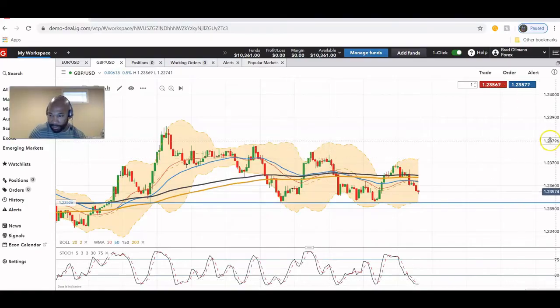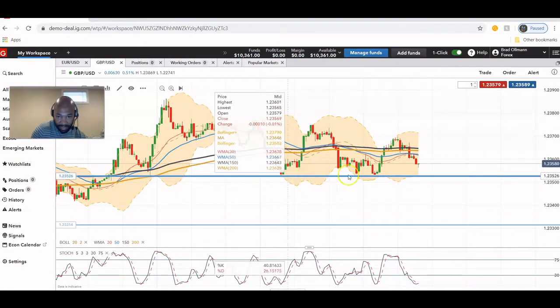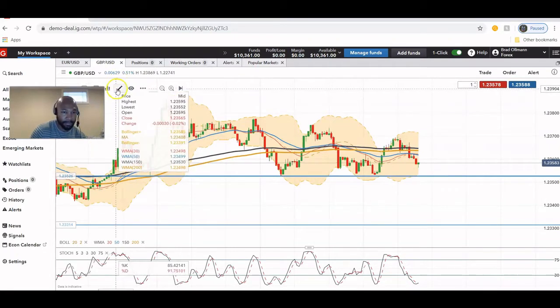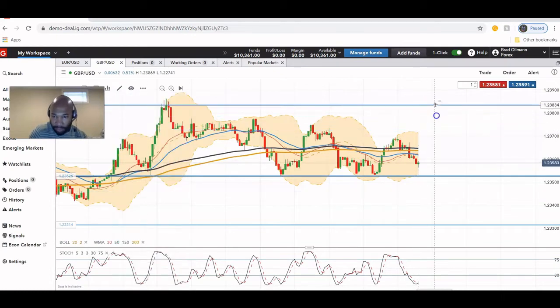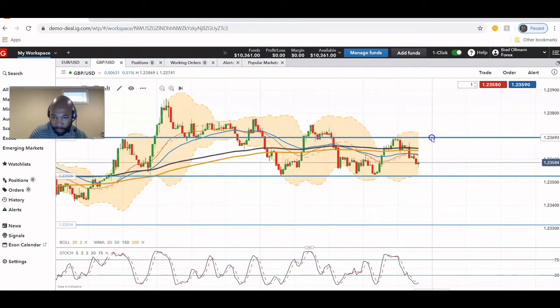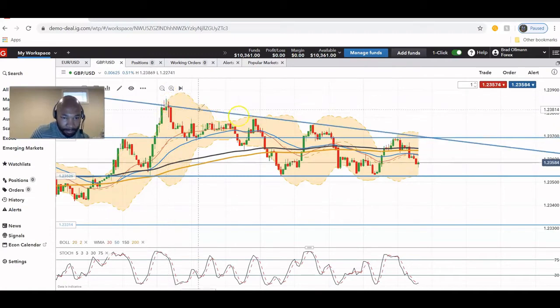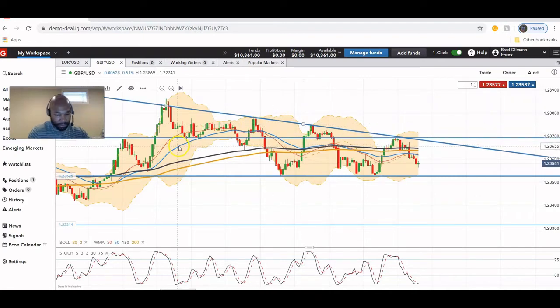Now, this is what I mostly look at. You have this line. This line is the support line. Right now, I'm going to draw another line on top, and then I'm going to draw a trend line. Oof, look at this, baby. Look at this trend line.